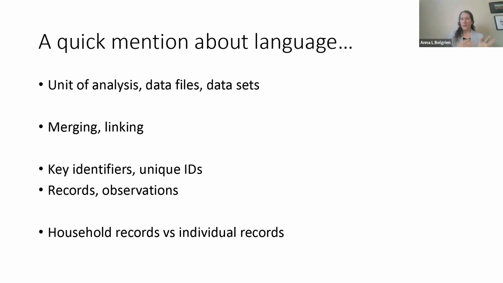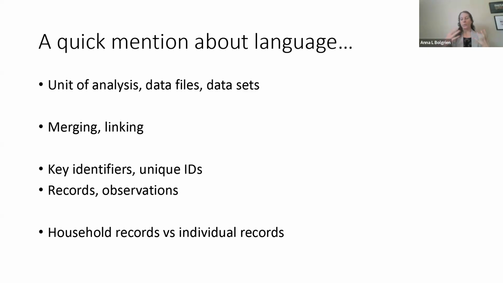I'm also going to be using the words merging or linking pretty interchangeably, linking across data sets or merging information across units of analysis. Typically, these do mean very comparable things. I'll also be referring to key identifiers or unique identifiers, record identifiers, either household record identifiers or individual key identifiers.